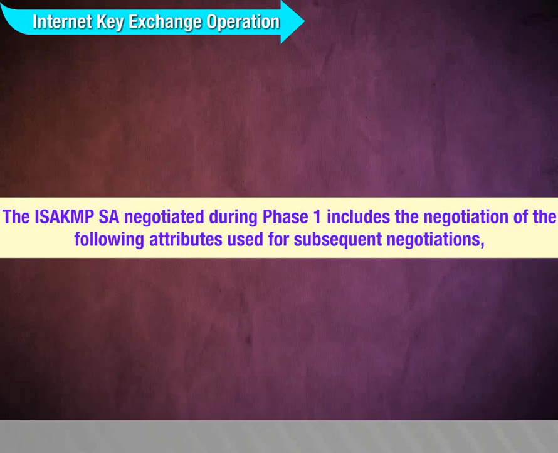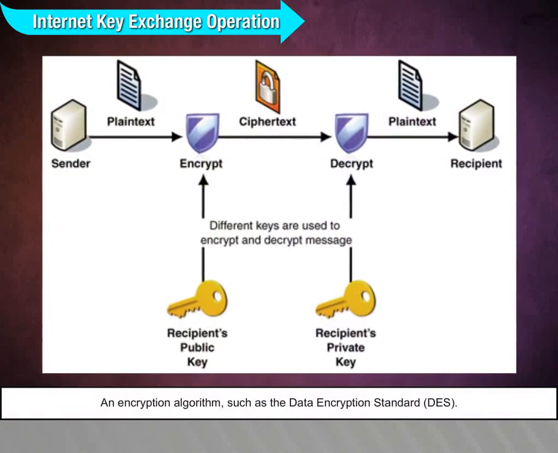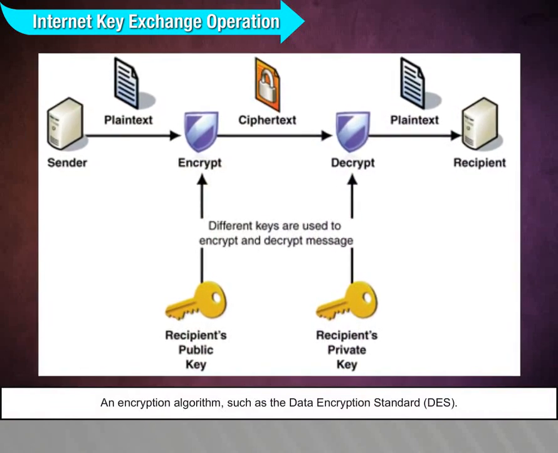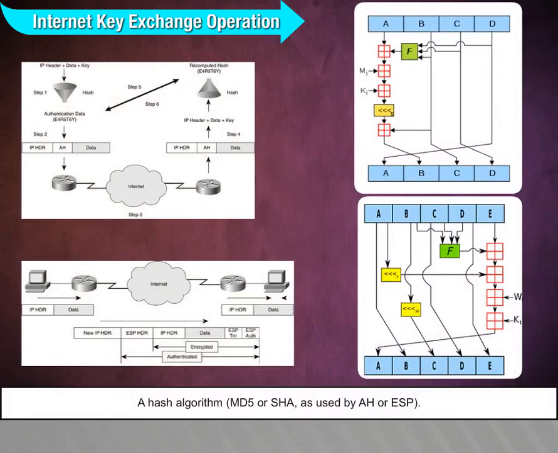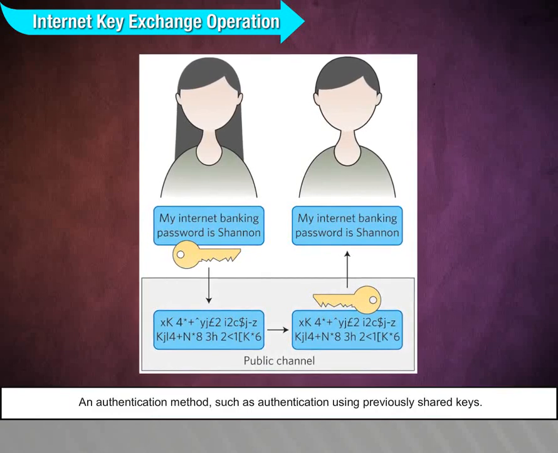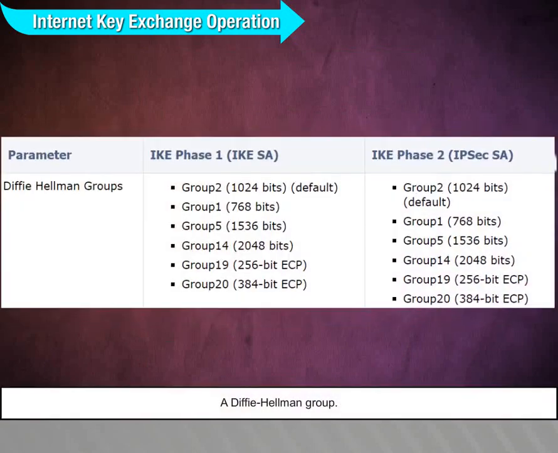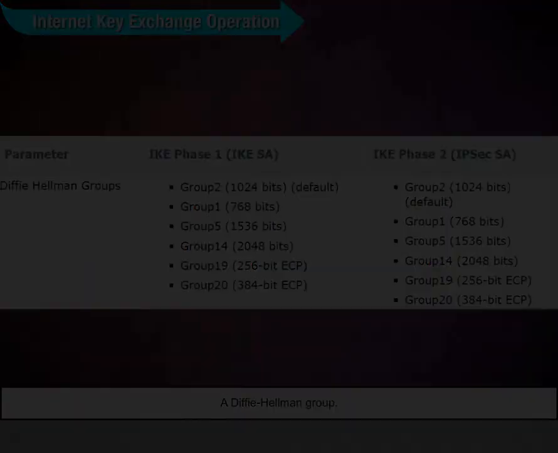The ISA-KMP SA negotiated during Phase 1 includes the negotiation of the following attributes used for subsequent negotiations: an encryption algorithm such as the Data Encryption Standard (DES), a hash algorithm, MD5 or SHA, as used by AH or ESP, an authentication method such as authentication using previously shared keys, and a Diffie-Hellman group.